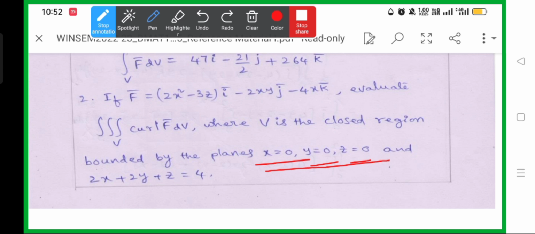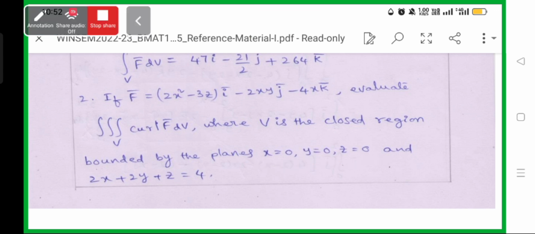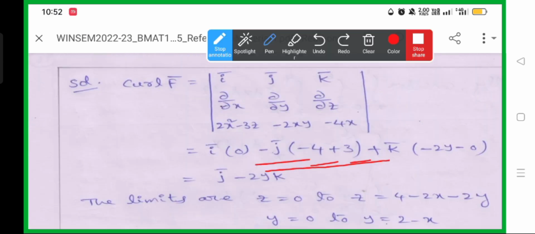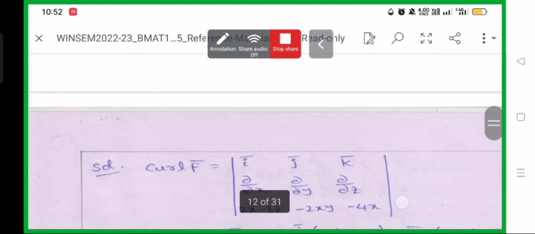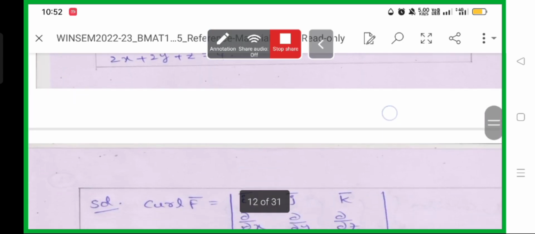Already I shared one video; you can find out how to imagine it. Now the equation is 2x plus 2y plus z is equal to 4.